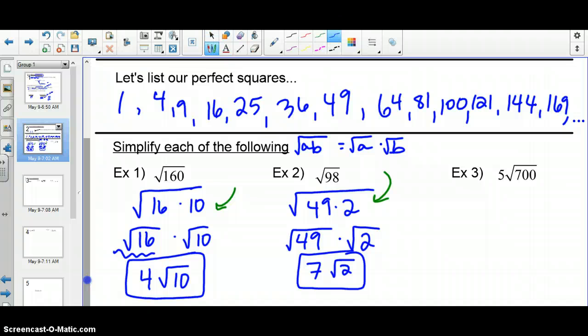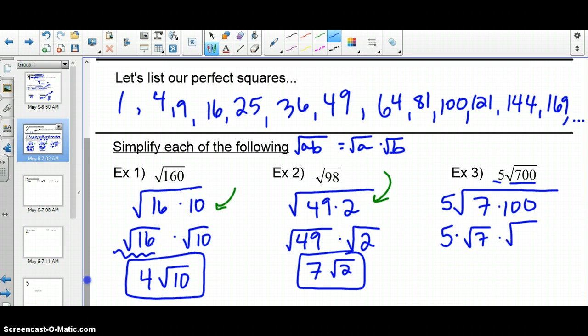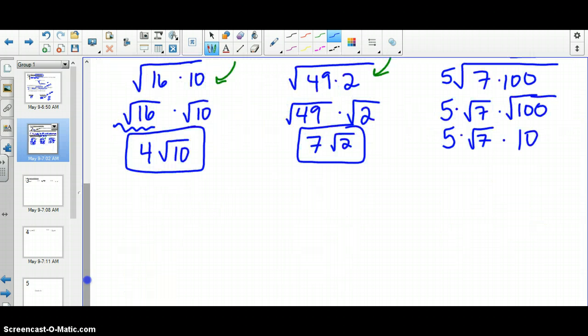So let's do this one here. We've got 5 times root 700. I'm going to rewrite this as 5 times root of 7 times 100. And I know that that's just 5 times root 7 times root 100. If I simplify that, that's 5 times root 7 times 10.